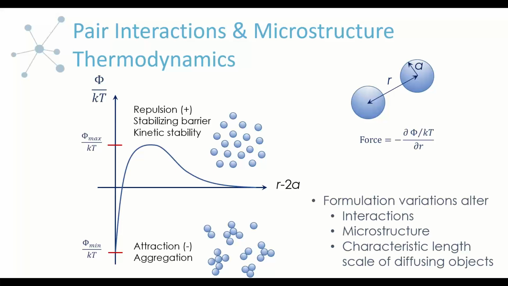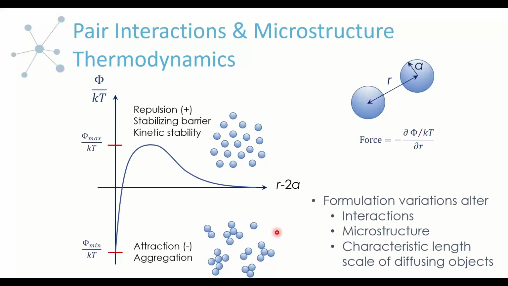These are, again, thermodynamic in nature and are driven by Brownian motion. On the left here, we have a plot of the interaction potential as a function of distance, where A is the radius of the particle in solution, and R is the distance between two particles in solution.